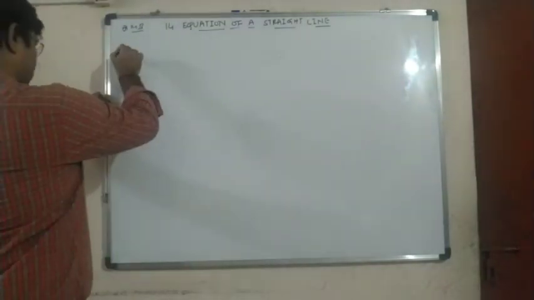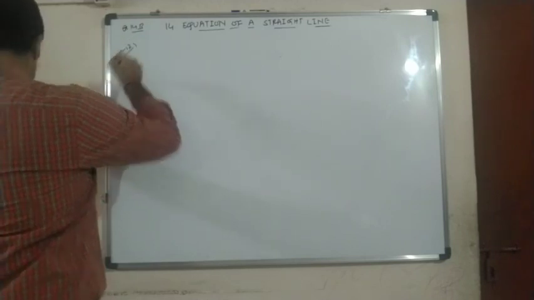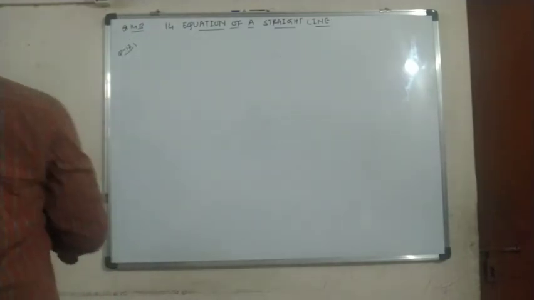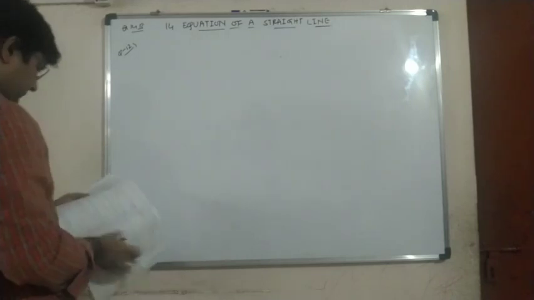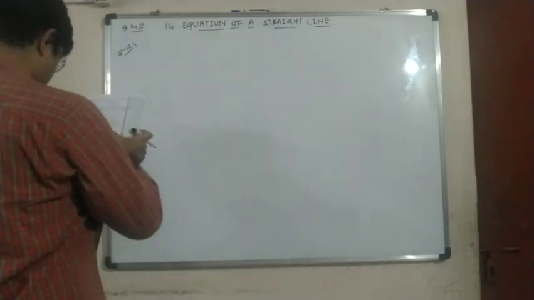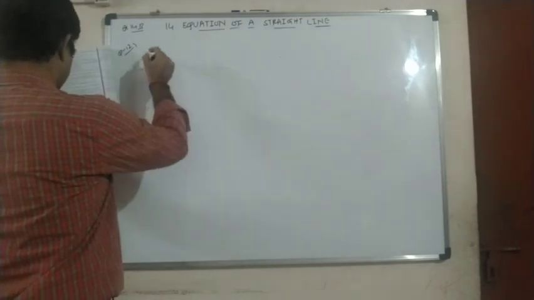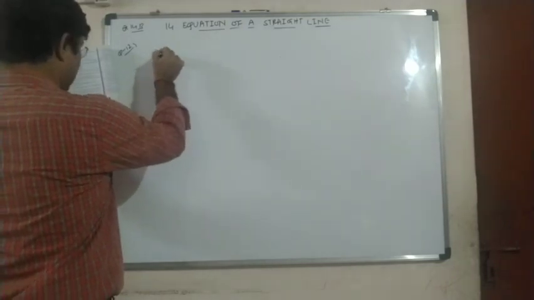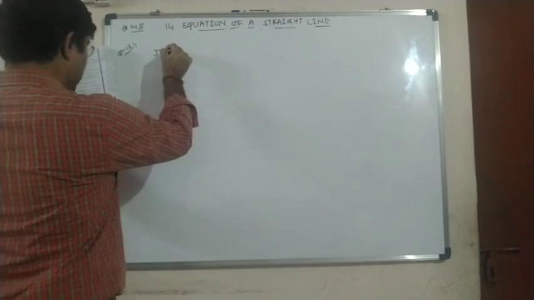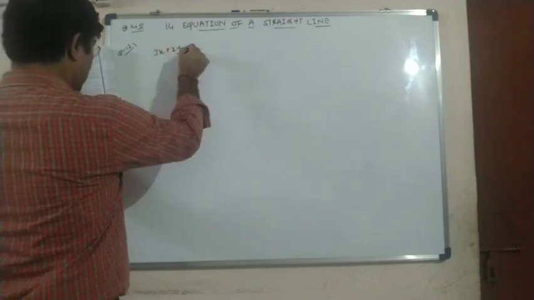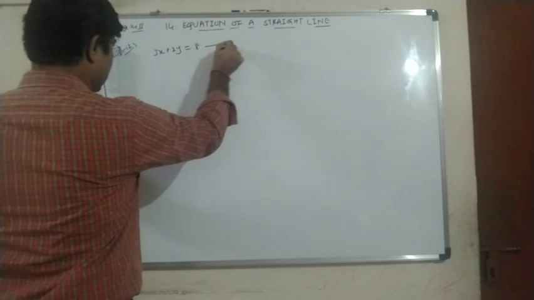In question number 12, we have to find the equation of a line which is parallel to a given line. You are given the equation of a line 3x plus 2y equals 8.